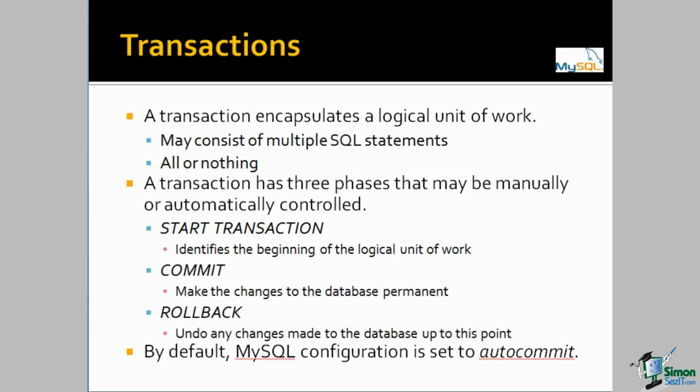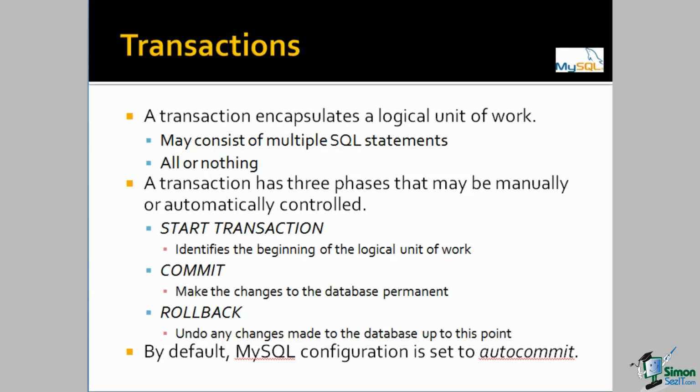A transaction has a lifespan from the beginning or the start of the transaction through the commit of the transaction, the completion of the transaction. Once the transaction is committed, any changes that those statements within the transaction made to the database become permanent.